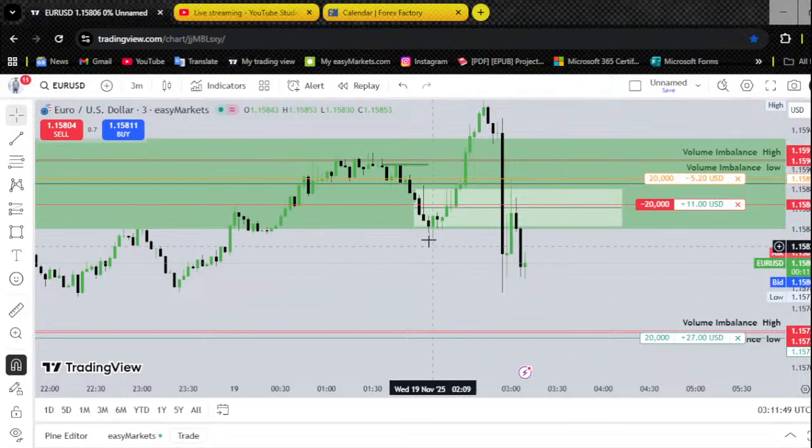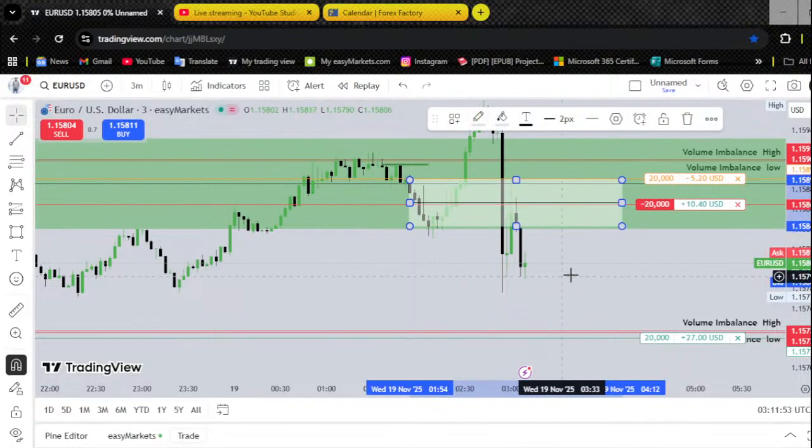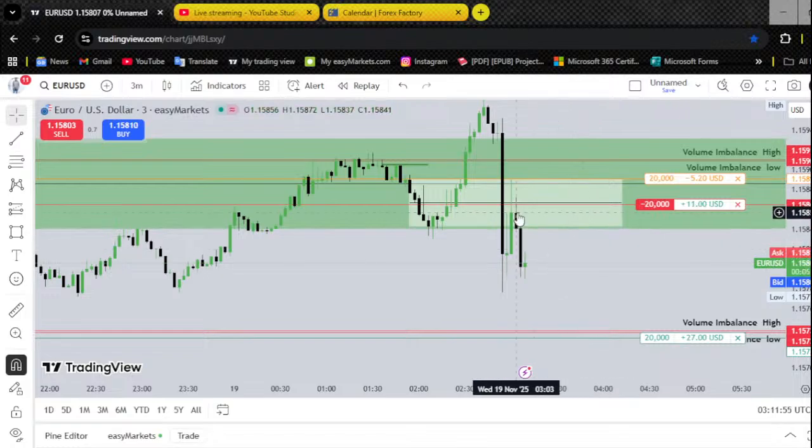Just see how market behaved in that. It played with the discount part of it. You have displaced lower. Market touched the low of that breaker. Continue driving market lower.